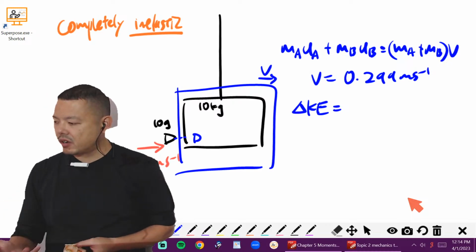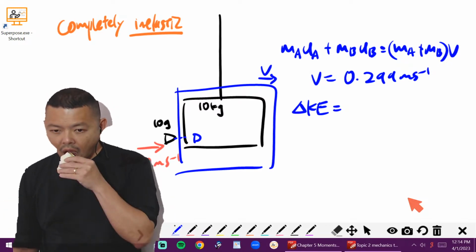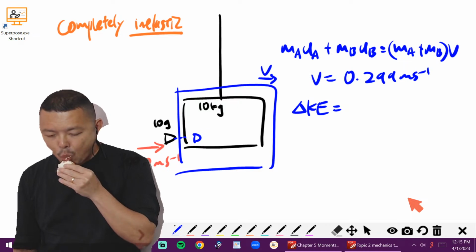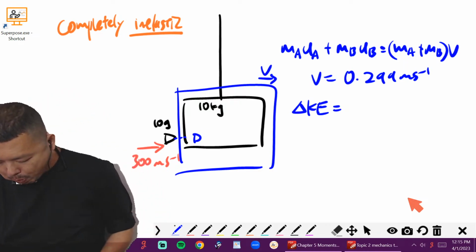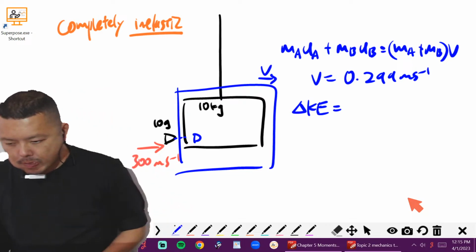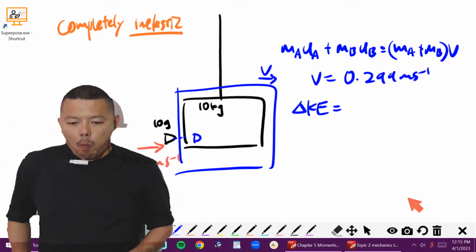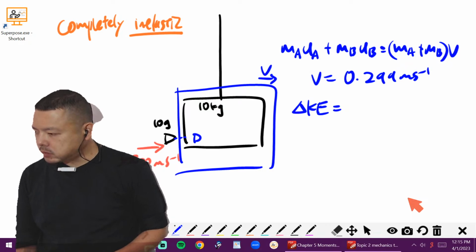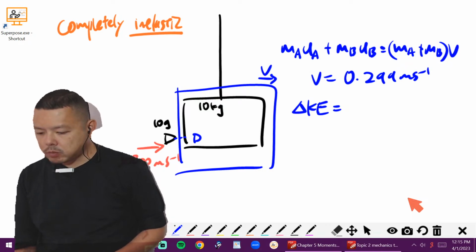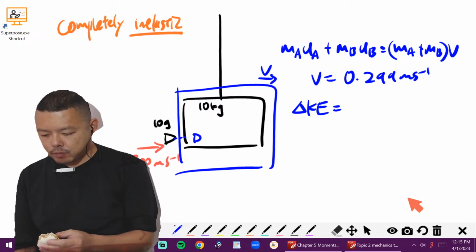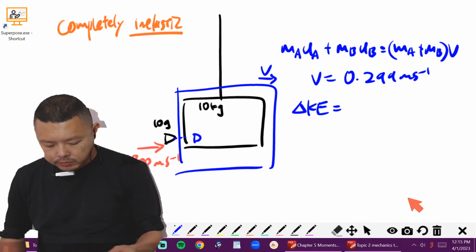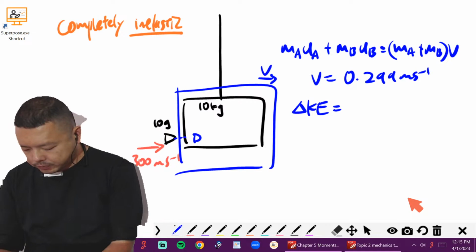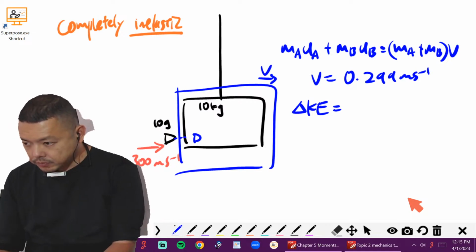So how much KE is lost in this process? Of the whole system, yes.